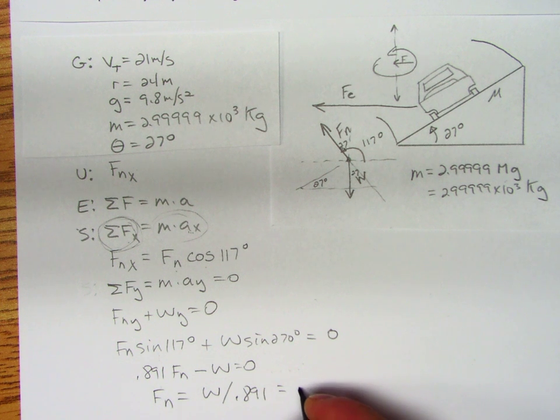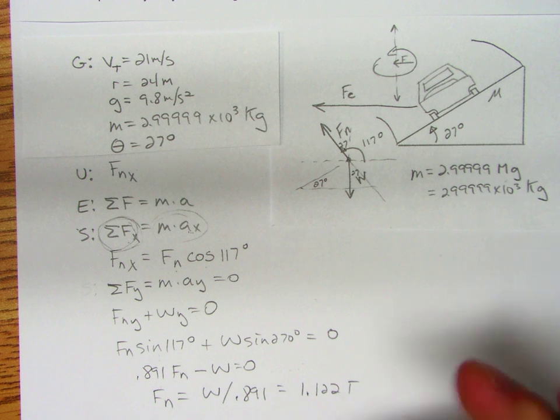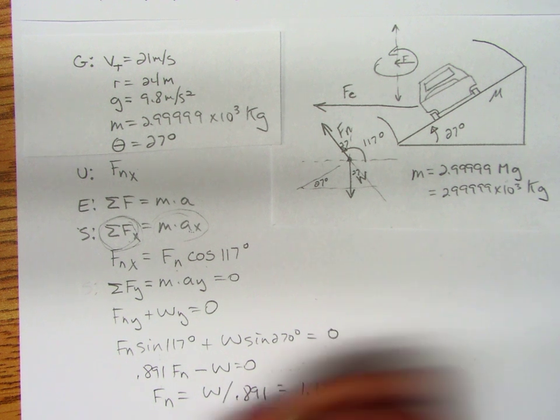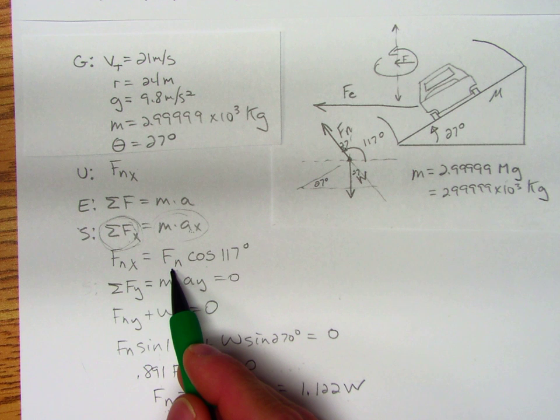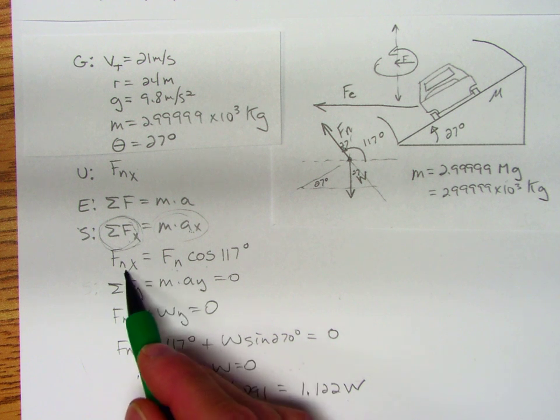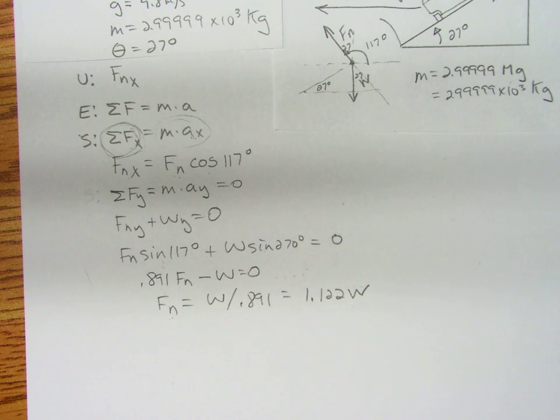Is equal to 1.122 W. Okay. So we could figure out what Fn is. If we can figure out what Fn is, we can plug that into this value here, and we can determine what Fnx is, which is what we're looking for.